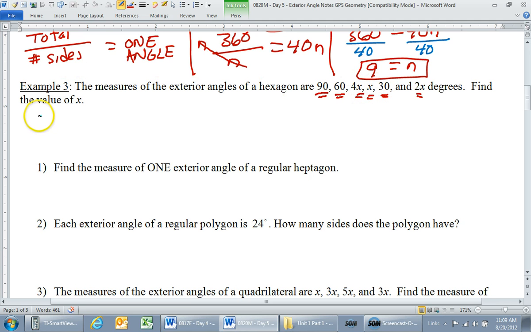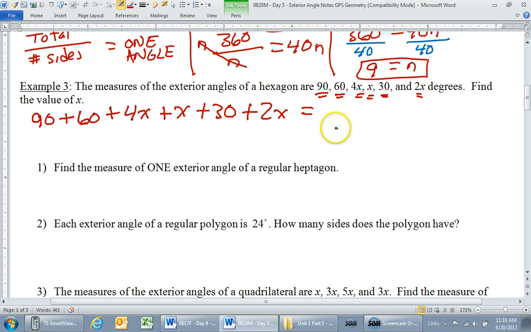So what I hear you saying is, and you don't have to write this part down, if we took 90 plus 60 plus 4x plus x plus 30 plus 2x, if we added all those up, it better add up to 360 because we're talking about exterior angles, and they always add up to 360.